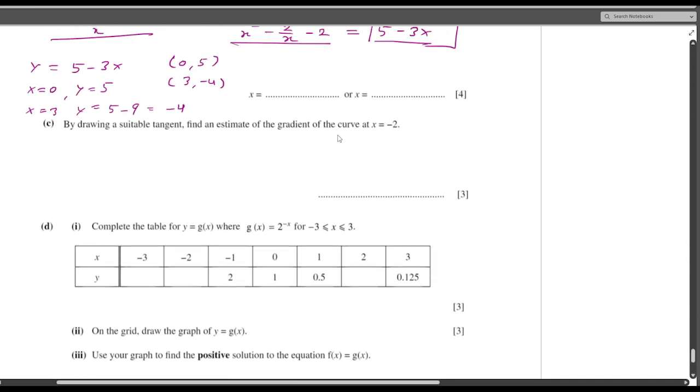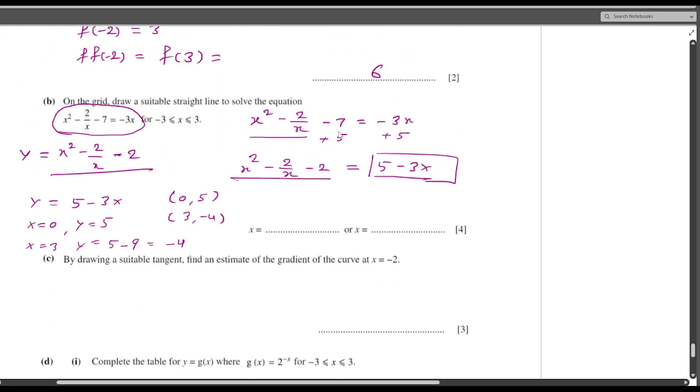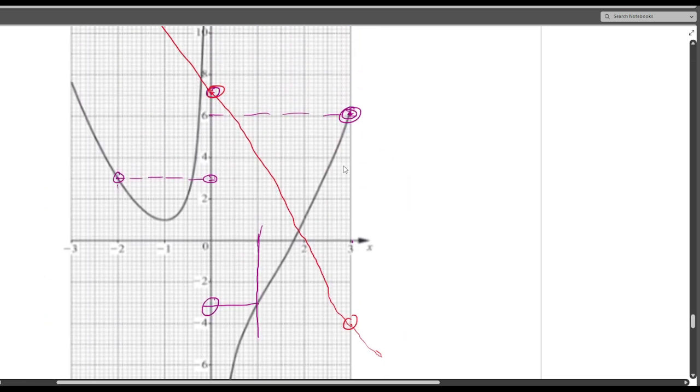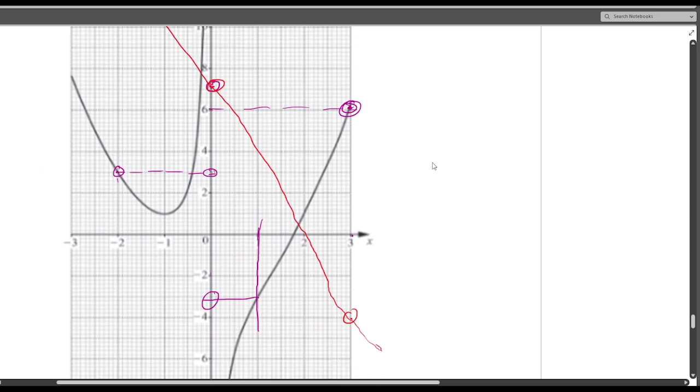Your question is, by drawing a suitable line, you have to solve this equation. So as you draw the line, you have to see where it is cutting the x-axis.